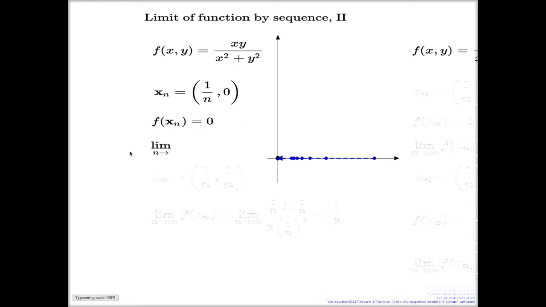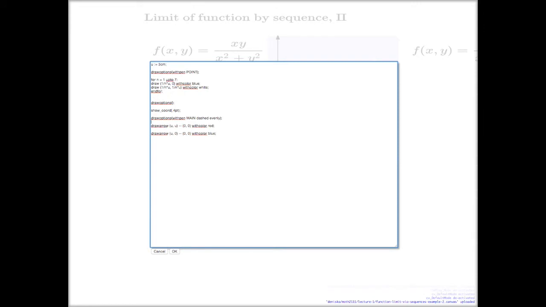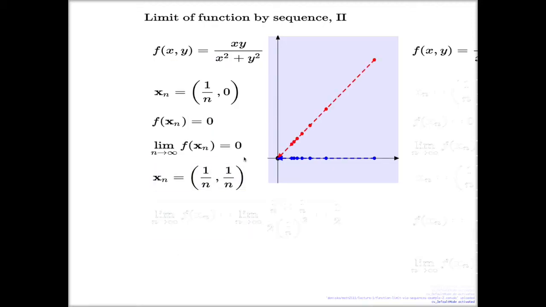On the other hand, if I take another sequence, like this, it's another choice of a sequence, along the bisector, the same function over the different sequence delivers 1/2, right?